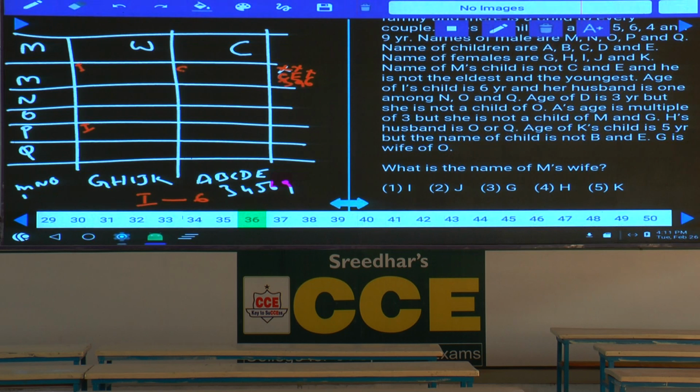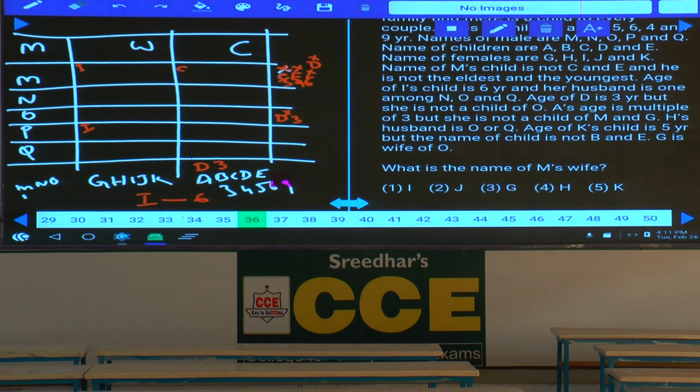Age of D is 3 years. As a 3-year-old cannot be here, D cannot be here. D is not a child of M, and cannot be the child of O as well.